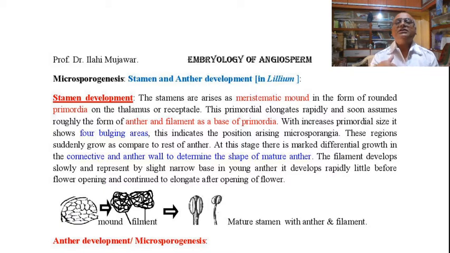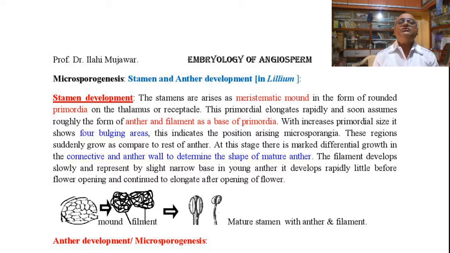So with increase in primordial size, it shows four bulging areas outside. Look at the diagram. These bulging areas indicate the formation of the microsporangium, the position of arising of those microsporangia.